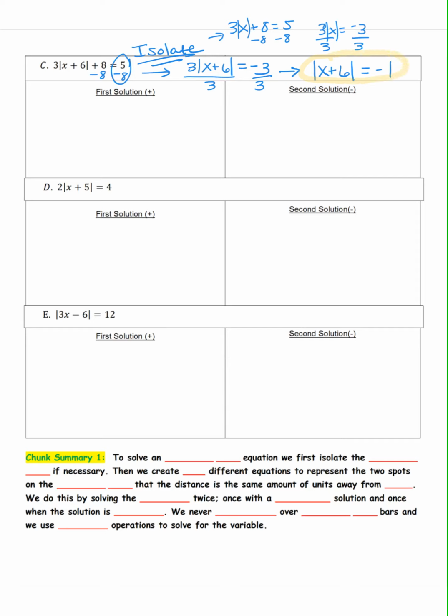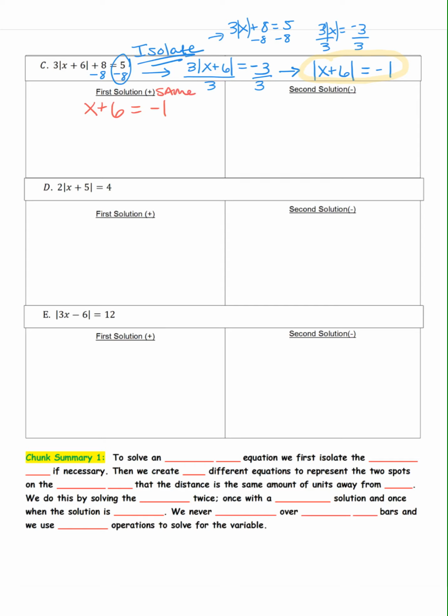Okay, now that I have isolated and I know what my problem is, now I can split it up into two separate solutions. So I'll have, actually, not even absolute value anymore. I will instead have x plus 6 equals negative 1. Positive just means the same, so keep it the same.